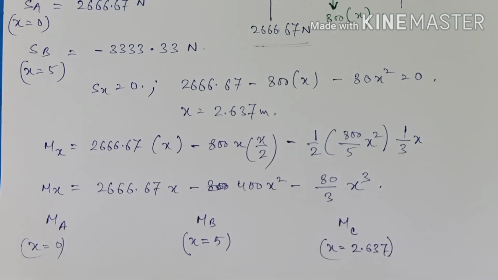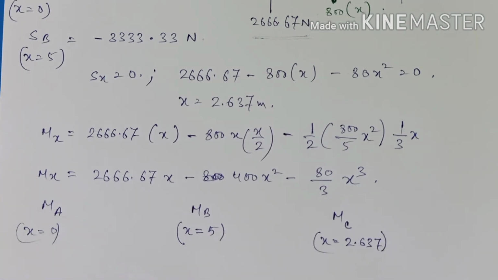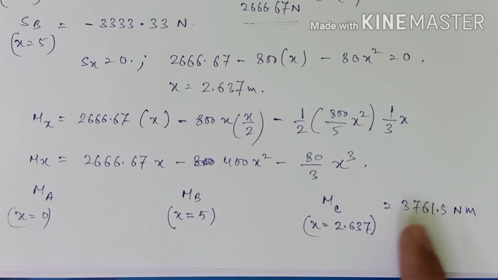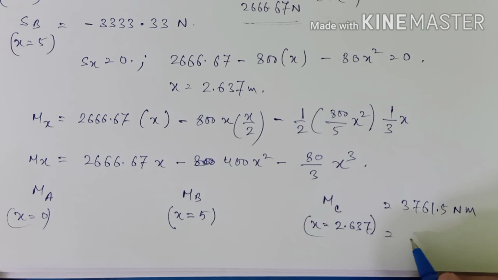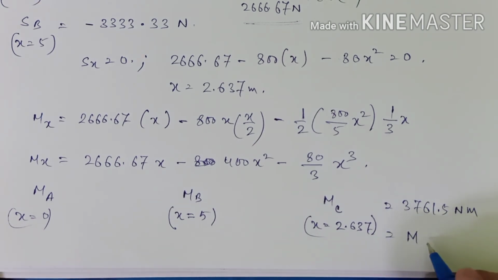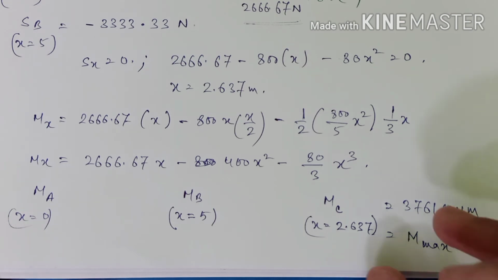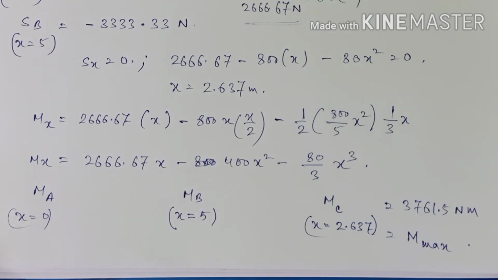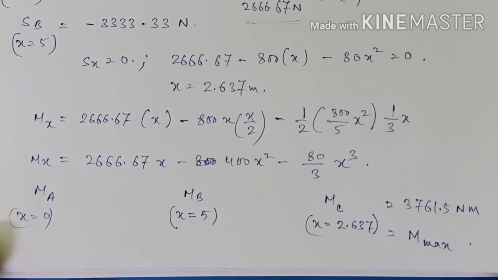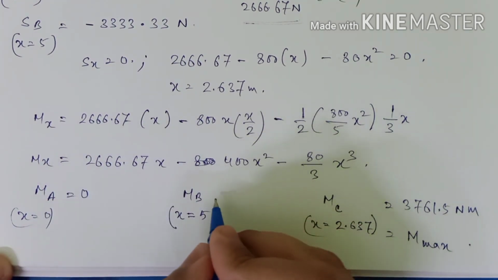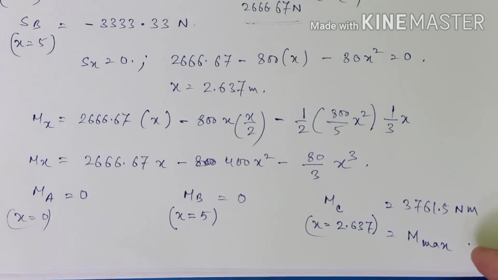If you put these values, you will get the values of bending moment as follows. This is nothing but my maximum moment. I'm writing M max because it is acting at the point of inflection. If you put x equals 0, you'll get 0, and this will also be 0, right?